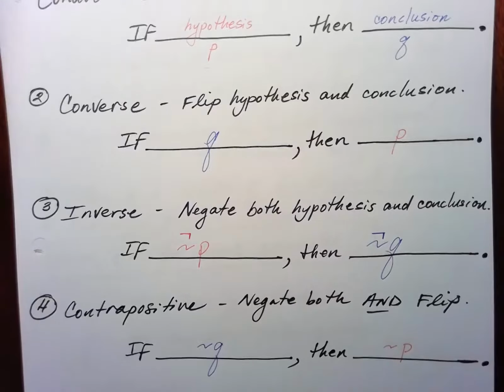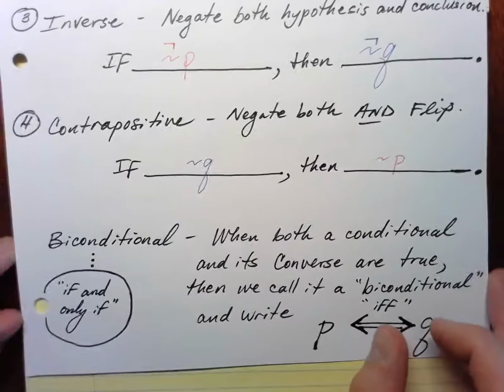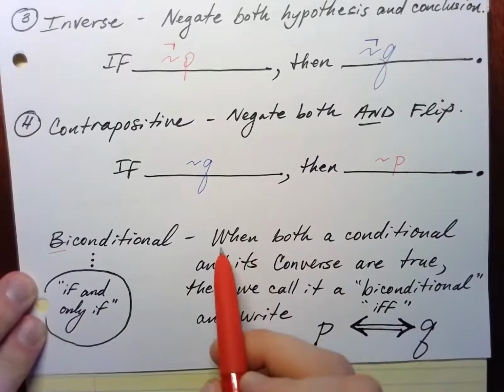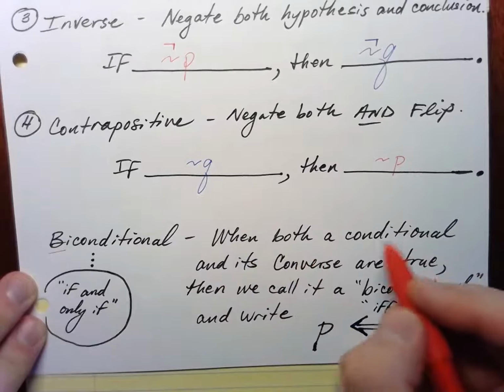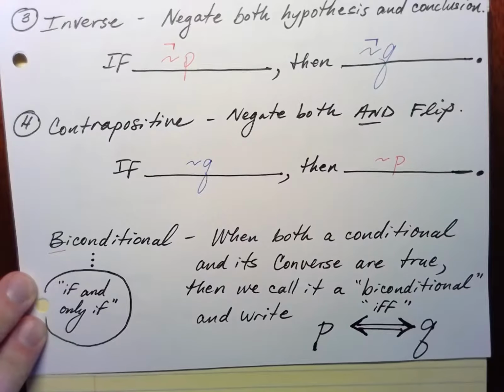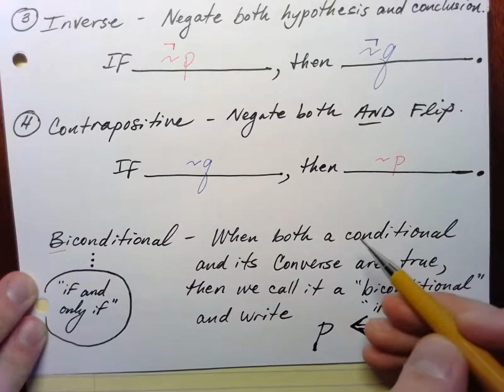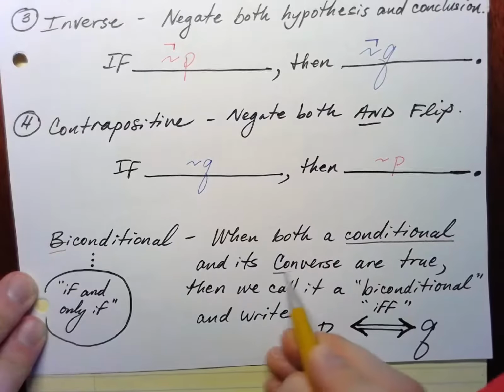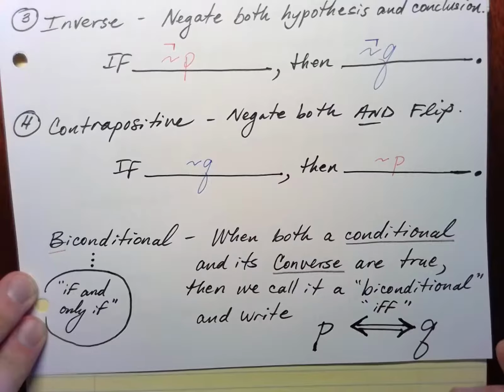One more kind of statement I want to mention here is called a biconditional. Bi meaning two, of course. And this is when both a conditional and its converse are both true.